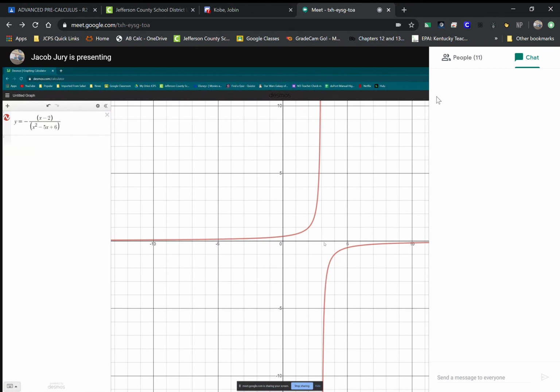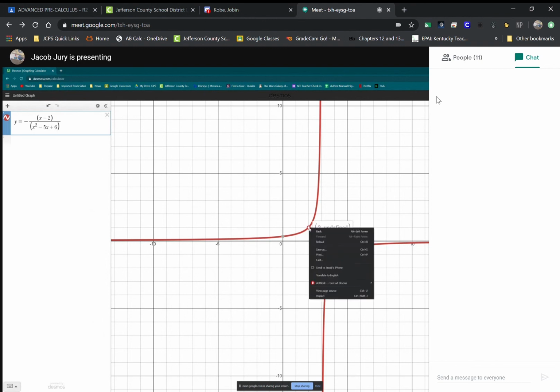There's no limit that exists at 3, but if we asked about the left side limit at 3, which is not in the question, we would answer infinity. If we want to know what's happening on the right side of 3, we would say negative infinity. Y is approaching negative infinity. And at 2, you'd see that we have a hole because of the factors that we showed earlier.